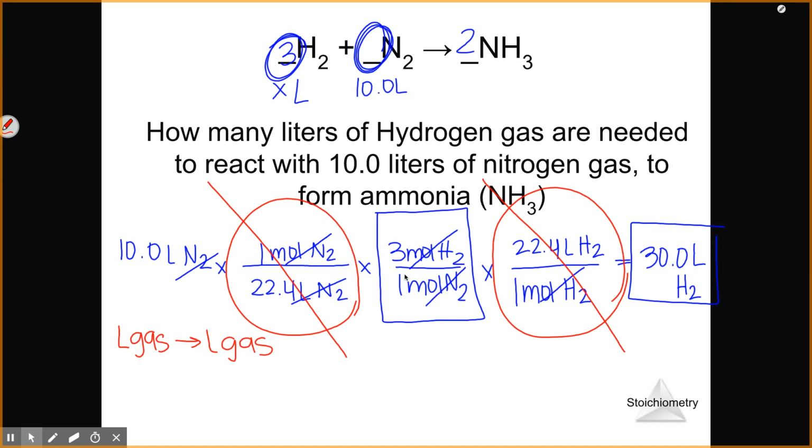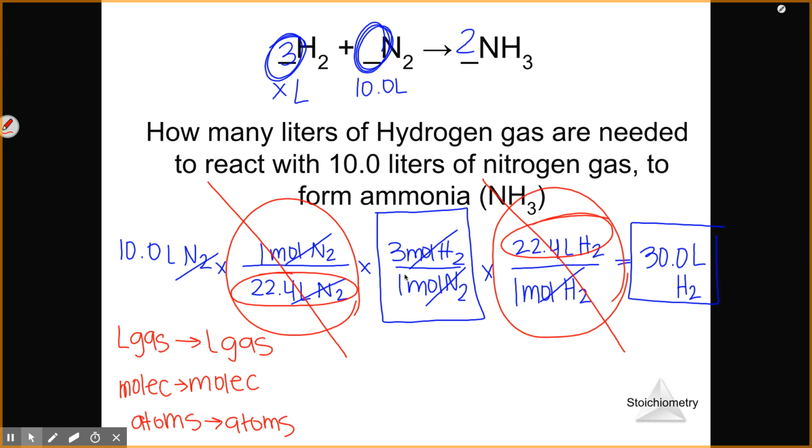Avogadro's number is also a number that works for anything. It's not unique to the substance. And so if we have a molecules to molecules or an atoms to atoms problem, we can also ignore that, because here we would have the 6.02 times 10 to the 24th, and then on the top we'd have the 6.02 times 10 to the 24th, and they would cancel.